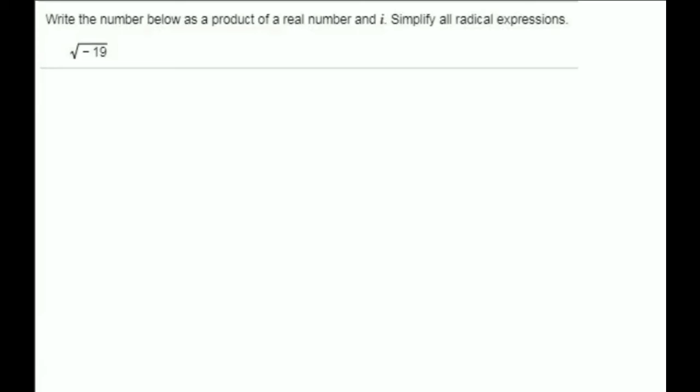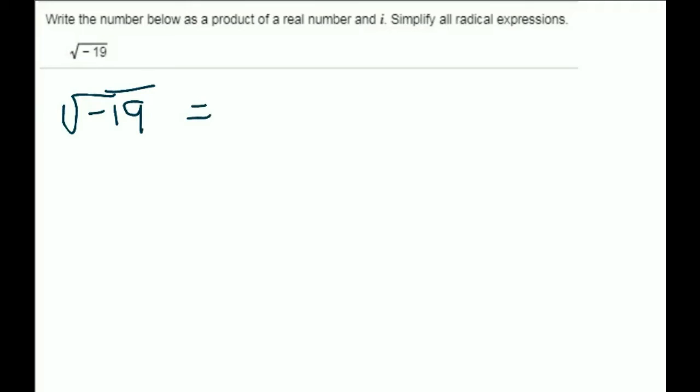In this next question, we're going to handle something similarly. We're looking for a product of the real number and i. The only real difference is that our radicand is not a perfect square. But we're going to handle this in the same way as before. So I have the square root of negative 19.